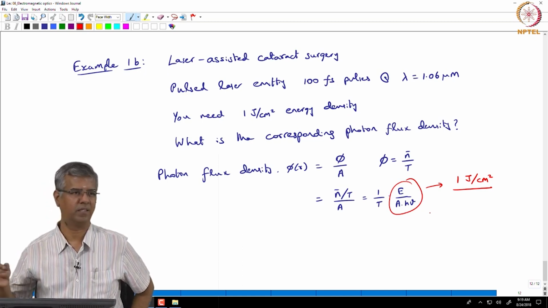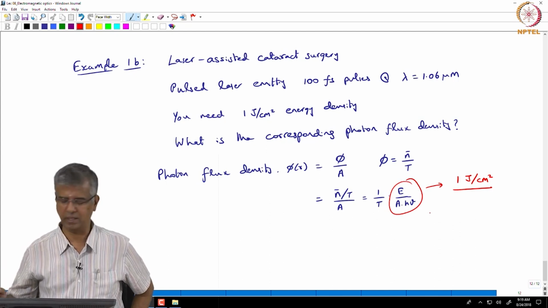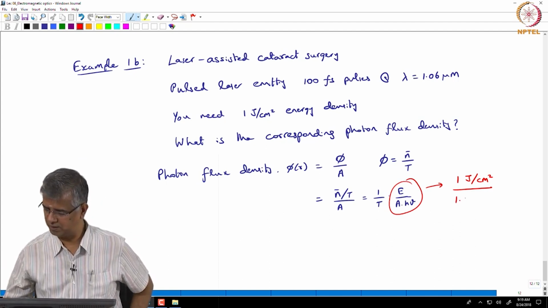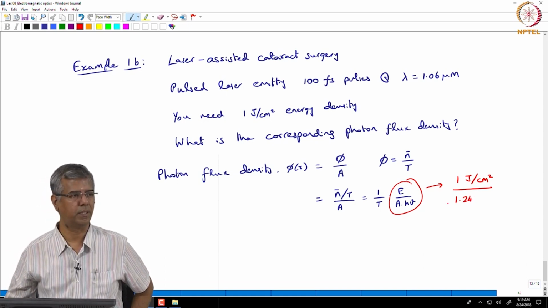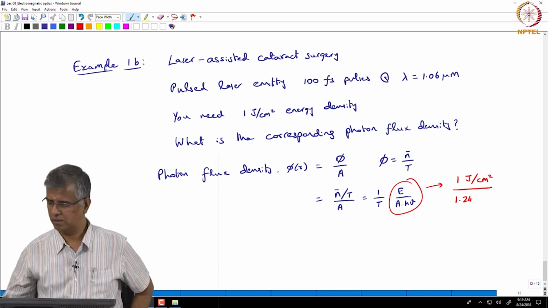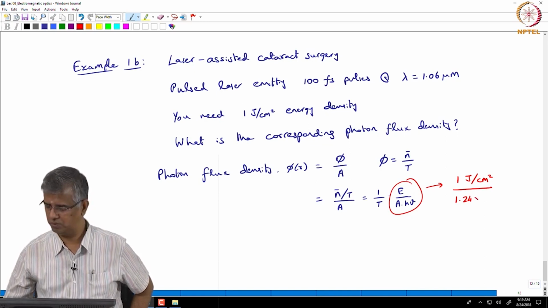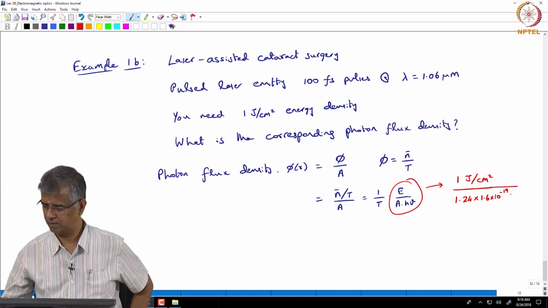It's something around 1.24 electron volt, right. So this is basically 1.24 electron volt, and then you convert that to joules, multiplied by 1.6 into 10 power minus 19, right.